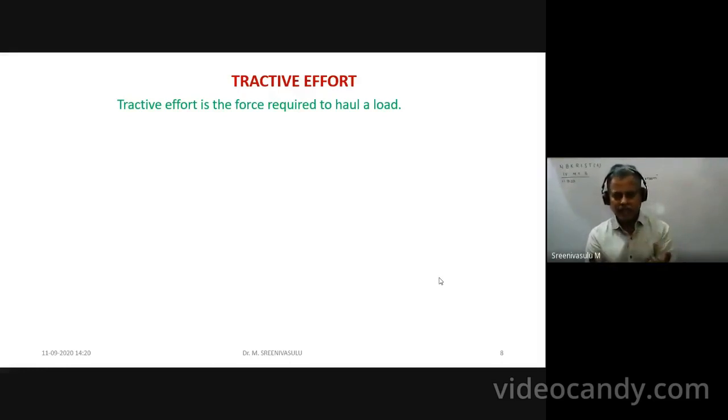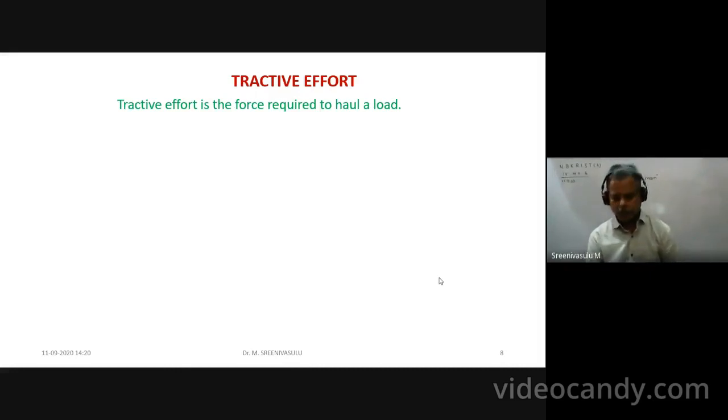You may have the capacity of an engine to pull, but if the engine tires and the road friction are not sufficient to bear that effort or force, then it is not possible to pull or push it. In addition, we experience the slip condition over there.